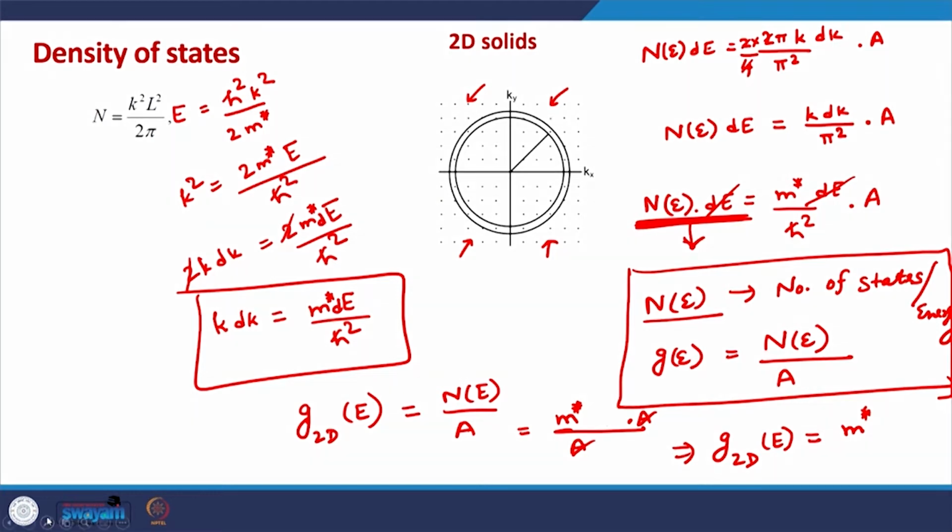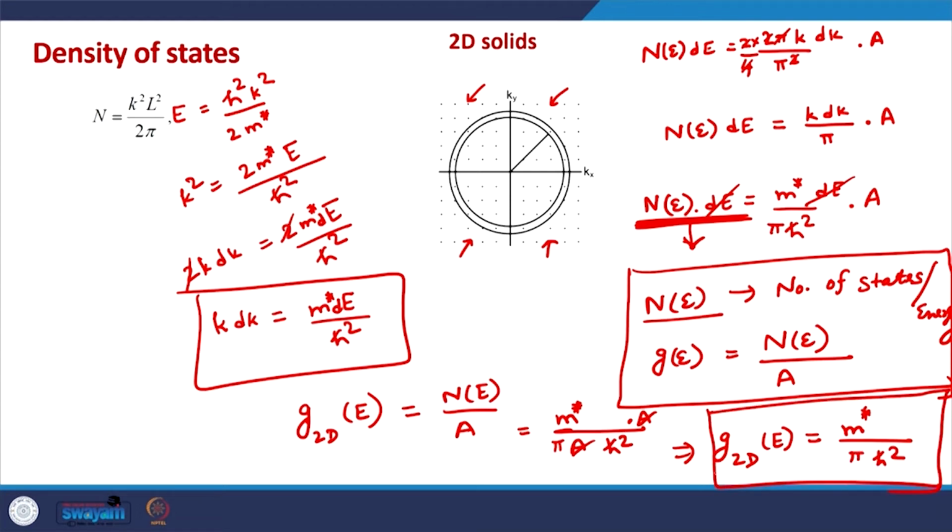So, what we are left with is m star divided by pi h bar square.